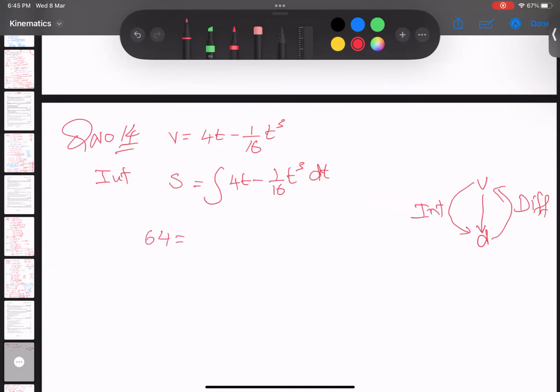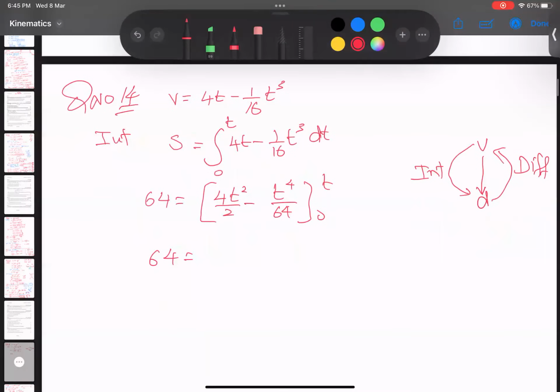I have two choices. Either I integrate it and add C and get the C value, or second option, I use 0 to t limits. So increase the power by 1 divided by the same, and 16 is already there, 16 times 4 is 64, with limits 0 to t. Now I can plug in the limits.